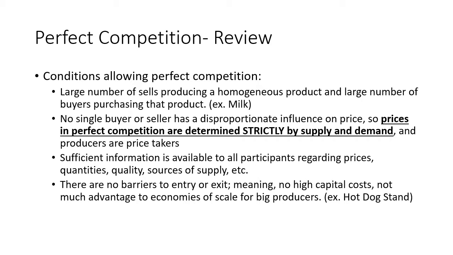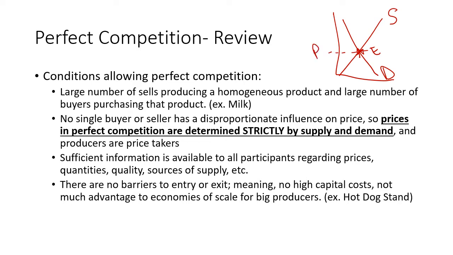A second condition for perfect competition is that no single buyer or seller has a disproportionate influence on price. What this means is that price is determined strictly by supply and demand. So we have seen the supply and demand curves in the last chapter, and our equilibrium was at the intersection of the supply and demand curve.